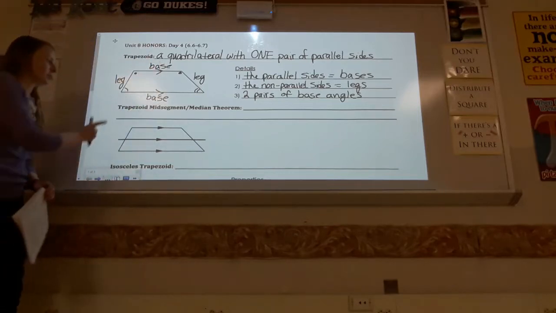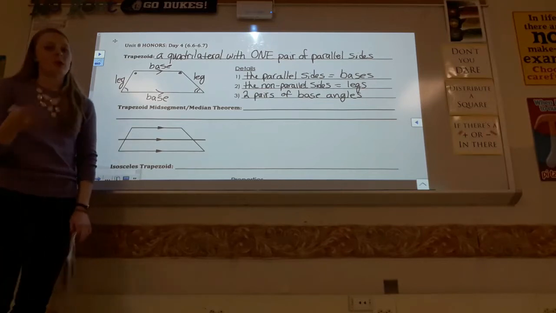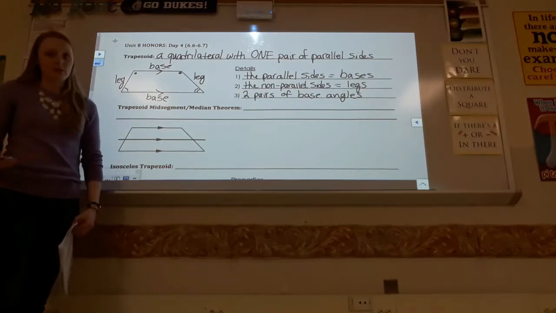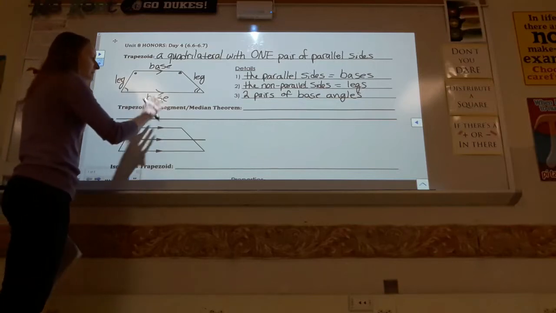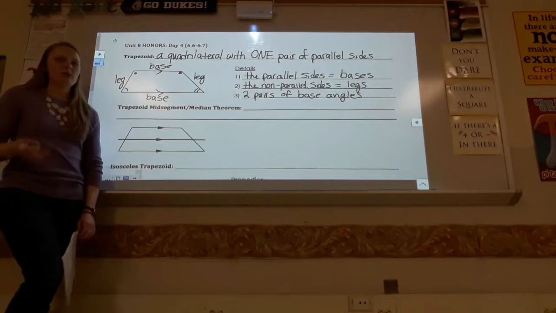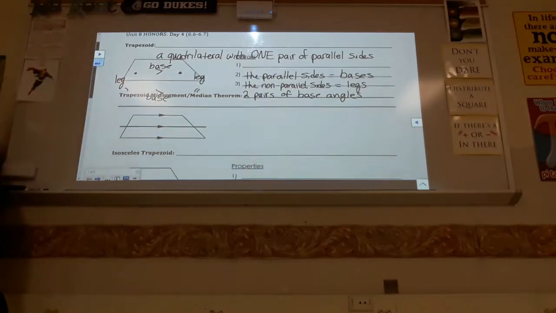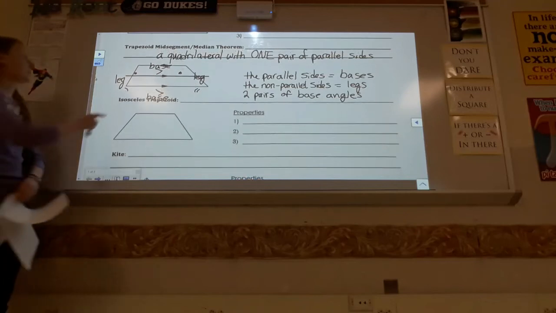We have something else that's important to know in a trapezoid. We've talked about midpoint, and we've talked about mid-segment in a triangle. We also have a mid-segment or a median in a trapezoid, and it works almost the exact same way as a mid-segment in a triangle. So let's take a look at this little section here.